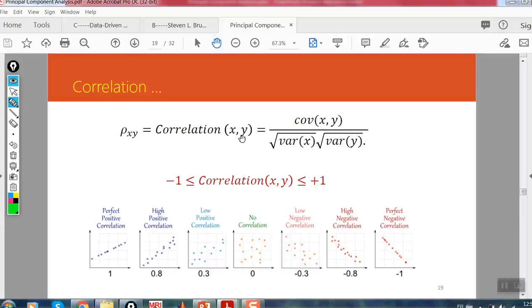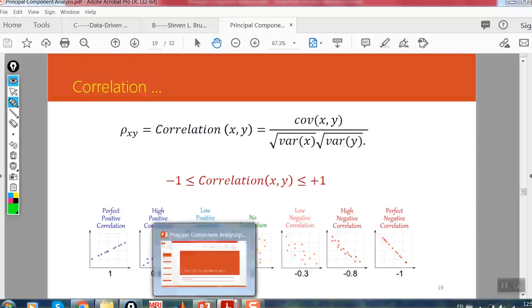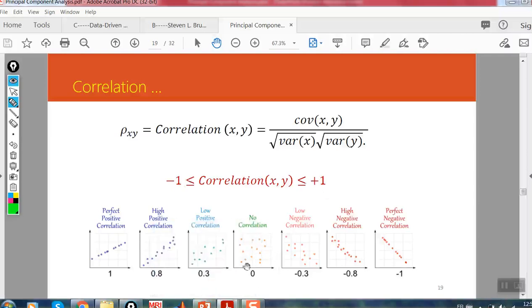The correlation of x and y is the covariance of x and y divided by the variance of each data. Then correlation of x and y must be between -1 and 1. For example, if you see this orange data, there is no correlation.